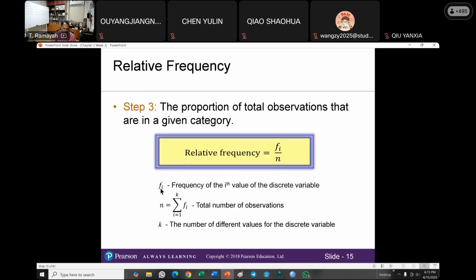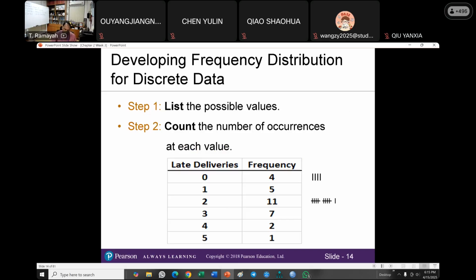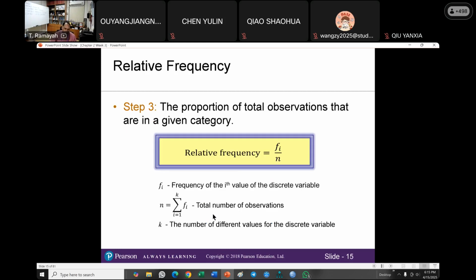So here Fi is the frequency of the ith value of the discrete variable, and n equals the summation of Fi from 1 to k. This is the total frequency, and k is the number of different values of the discrete variable. Here we have 1, 2, 3, 4, 5, 6 categories, which is actually the k, and then the n is here.